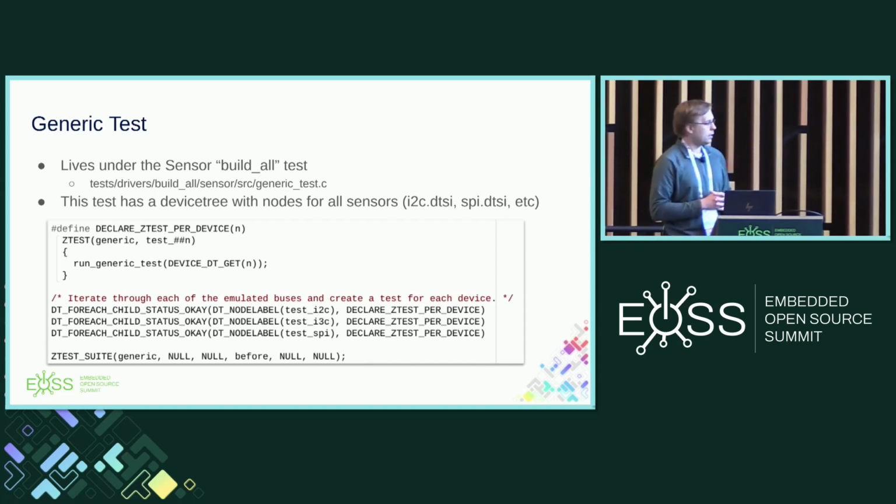So we can basically use device tree macros to iterate through that list of sensors. And every time we reach one, we could basically declare a new z-test test function for that device. We get the device pointer automatically filled in. And we can call this run generic test function, which actually carries out the test. And we are repeating this for every single sensor that we know about.